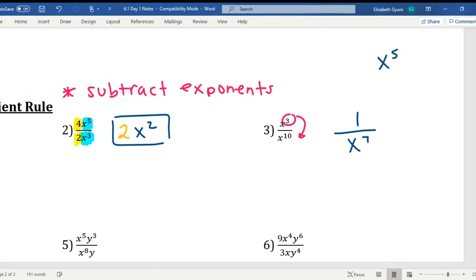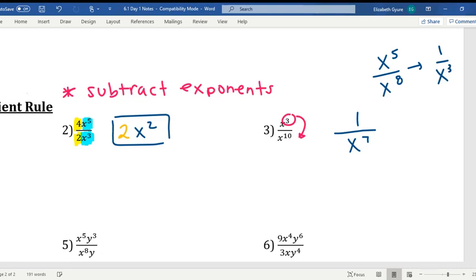If I had x to the 5th over x to the 8th, I have more on the bottom, right? So what's 8 minus 5? It's 3. So this would become 1 over x to the 3rd, because that's where we want our leftovers to be.